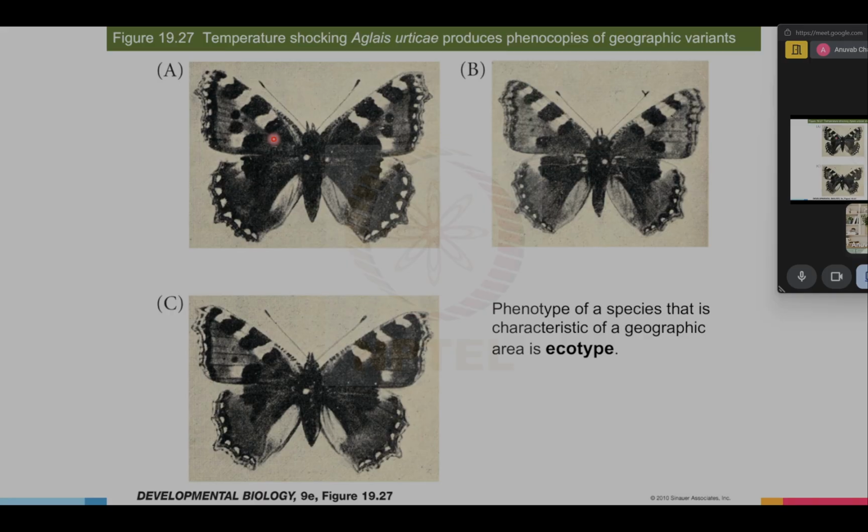Depending on where the butterfly is from, the pattern on its wing changes, and this is again an example of genetic assimilation, where an environmental trigger, which is the temperature, induced a change, and that change in genotype was assimilated as we went along generations, so that a butterfly from a particular region will have that pattern only. The phenotype of a species that is characteristic of a geographic area is called an ecotype.